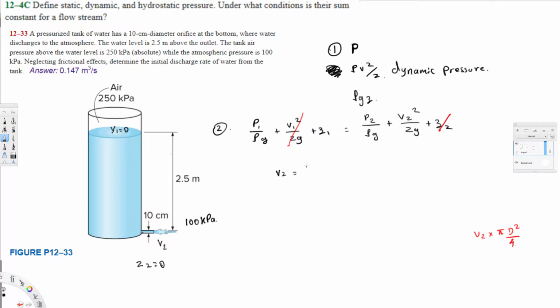V2 is going to be equal to square root of 2 times P1 minus P2 over rho plus 2gz. Because if you look at it, we have g and everything, we can cancel that one too.